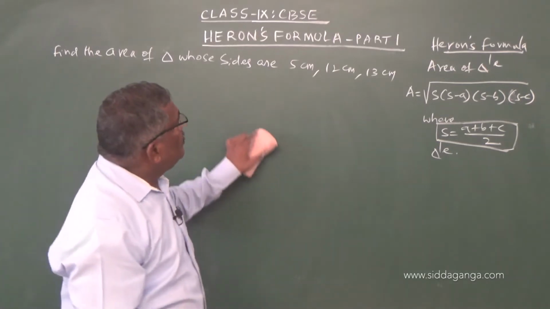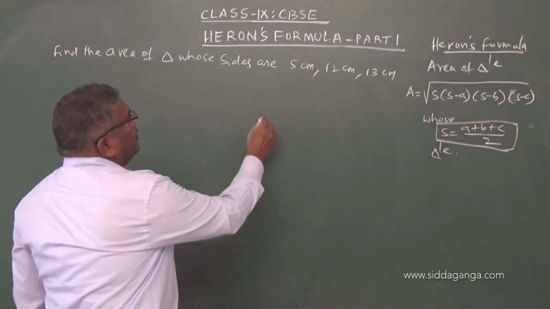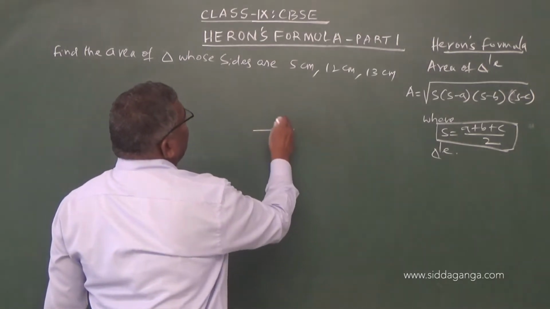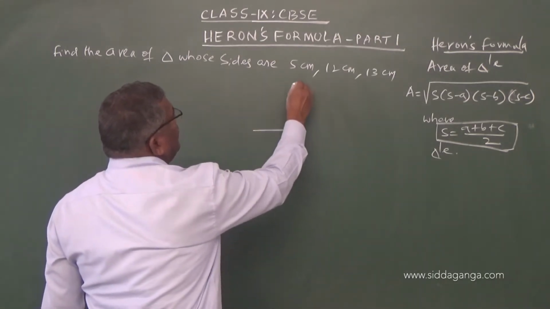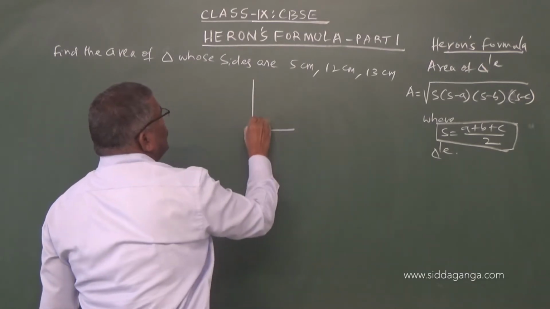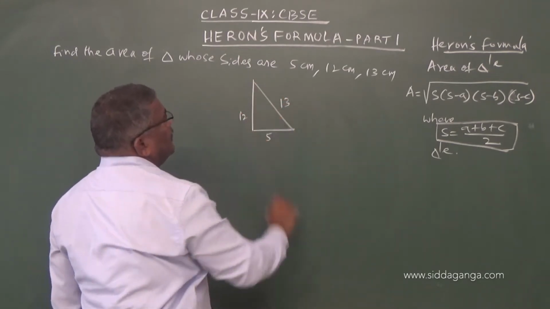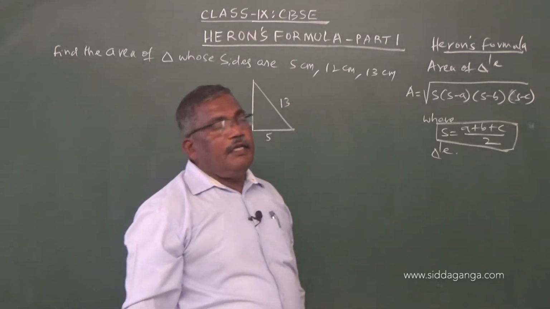So this is the triangle given. One side is 5, another side is 12 and this is 13. We have to calculate the area.